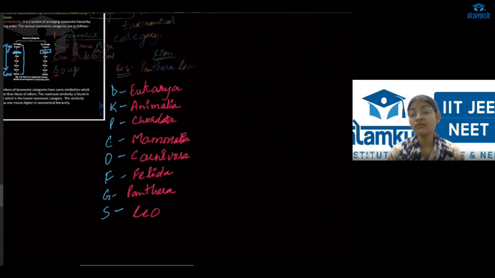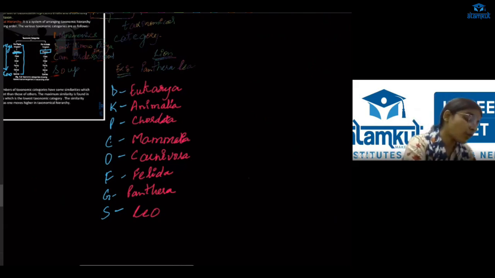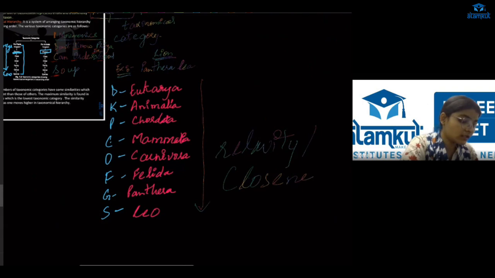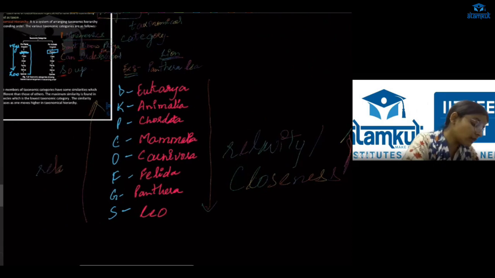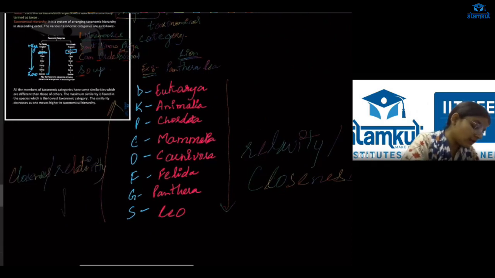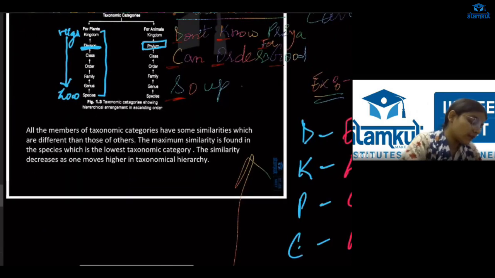In kingdom, we will find unrelated species, but in species there are the most closely related species. So on moving from upward to downward, relativity or closeness increases, and moving upward it decreases. Here also the same thing has been written.